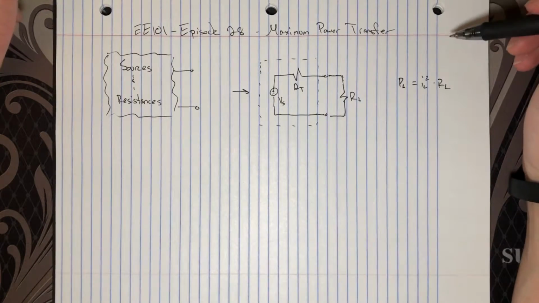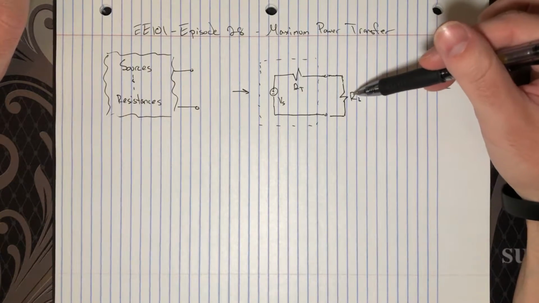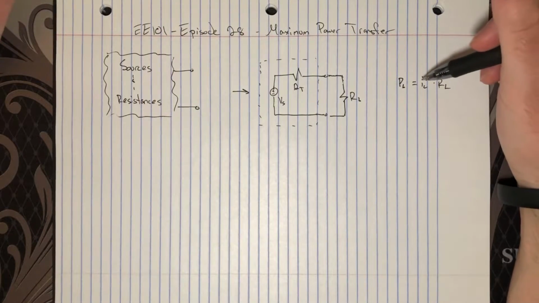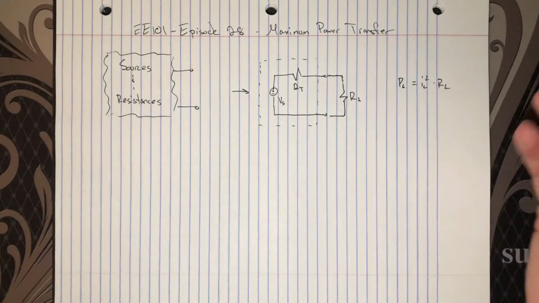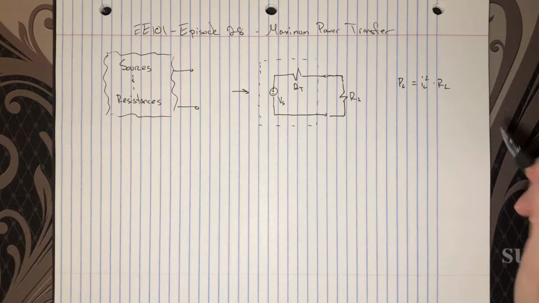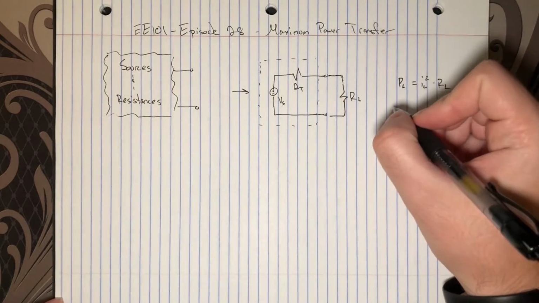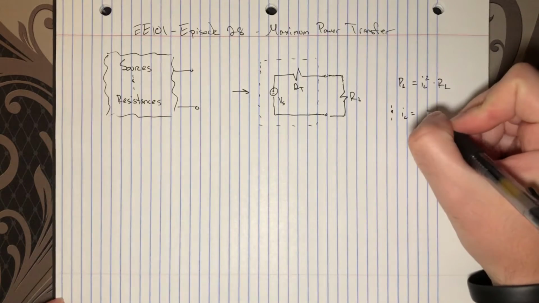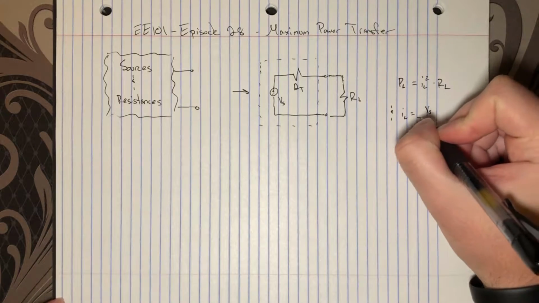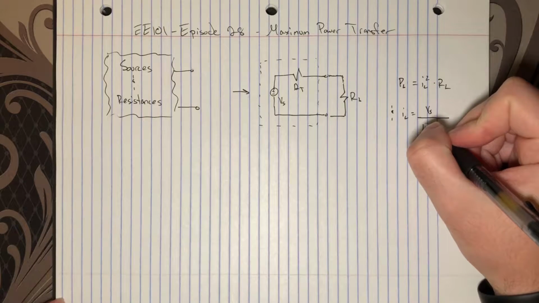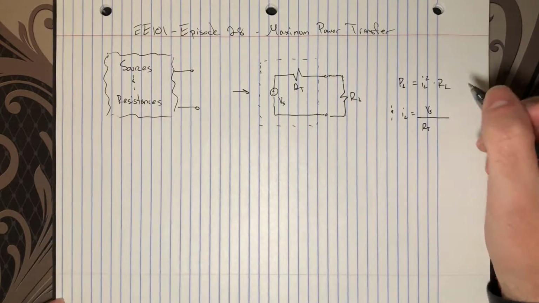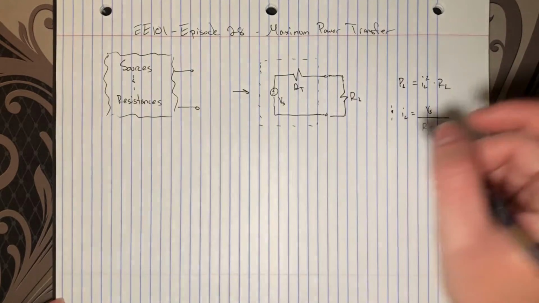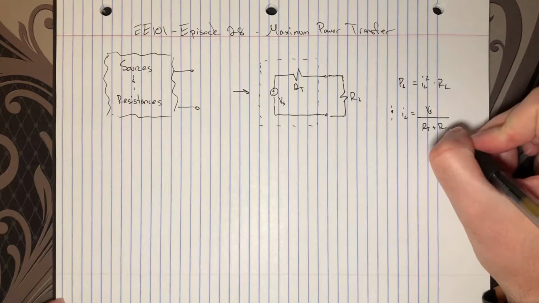So if we wanted the power in a certain resistance, we know the resistance, so therefore we need the current. We'll look at our circuit, see that we have two resistors in series with a voltage source, so we can quickly use Ohm's law to figure out how much current is flowing here. This is easy enough. We have that the load current equals Vs, the source voltage, divided by the series combination of the Thevenin resistance or source resistance and the load resistance.